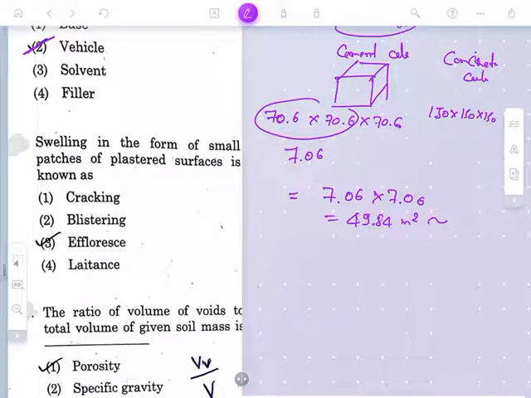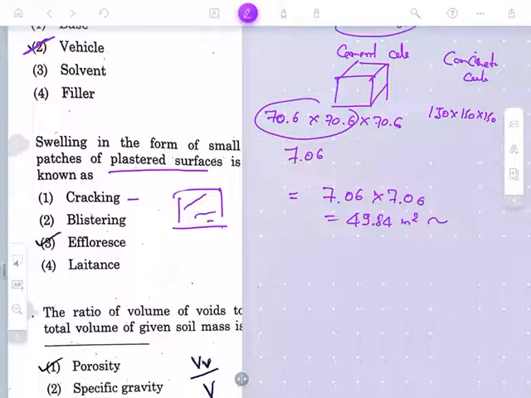Next one, swelling in the form of small patches of the plastered surface is known as. See, normally in the walls, after constructing the bricks we do the plastering, and some of the failure points in the plastered surface are of different kinds. Cracking is normal on the plastered surface, where cracks will be present. Next one is blistering. Blistering is nothing but swelling, like waves.